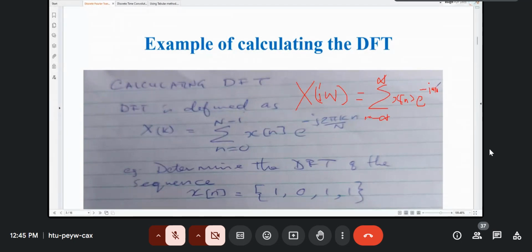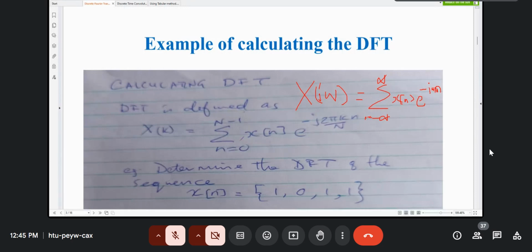Actually, that is the DTFT, and this is continuous. It moves you from the discrete domain to the continuous domain. So we get that.